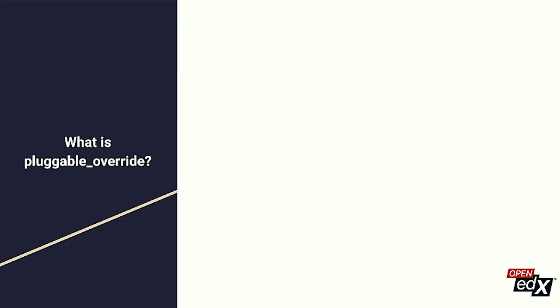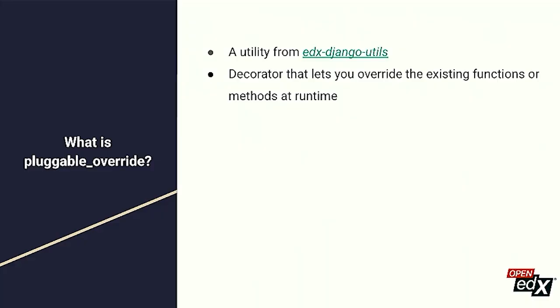Now, let's talk about the pluggable overrides utility. It is one of the Django App plugin utilities. It allows you to dynamically override any existing function or method in the code base, for example, the edX platform.